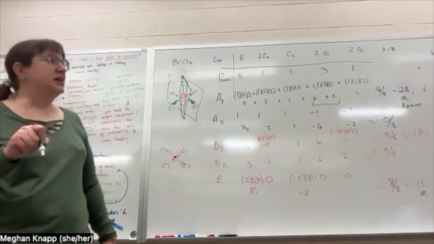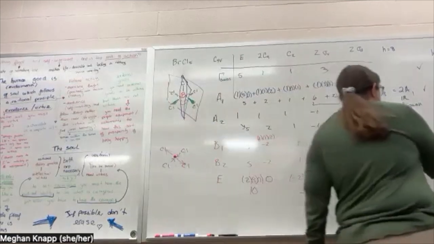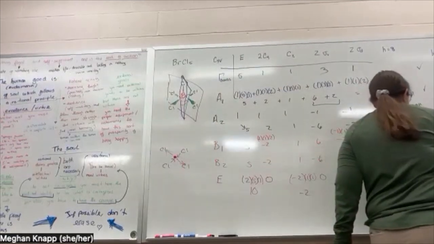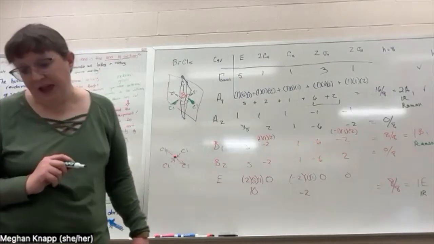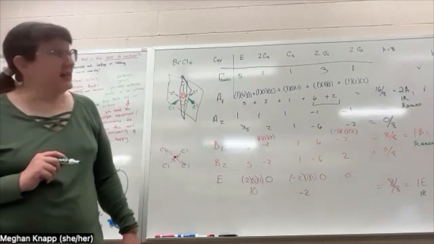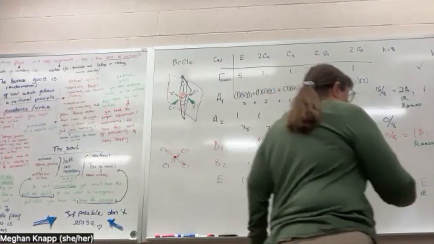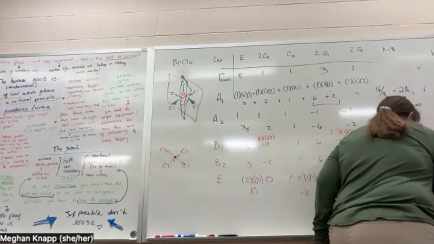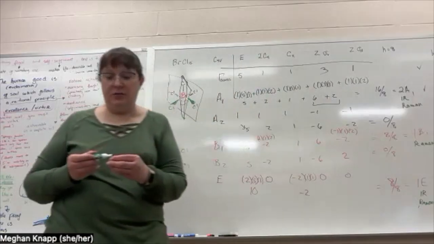Yeah, A2 is not, but B1 is. And then the E, is that visible in Raman? Yeah. Okay, so that's putting all the pieces together.